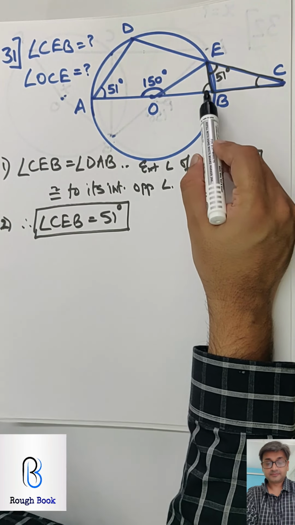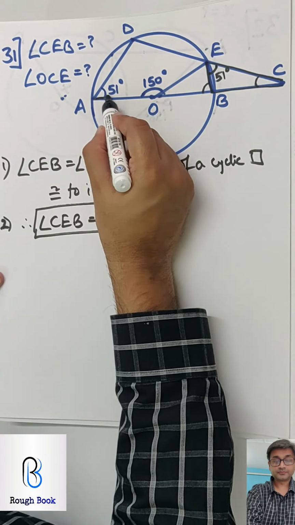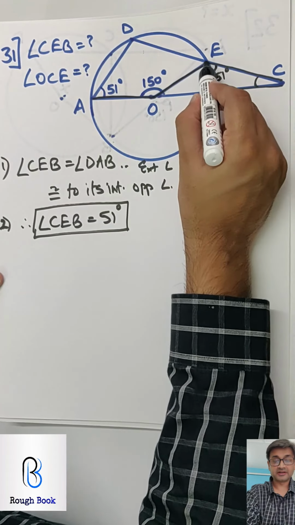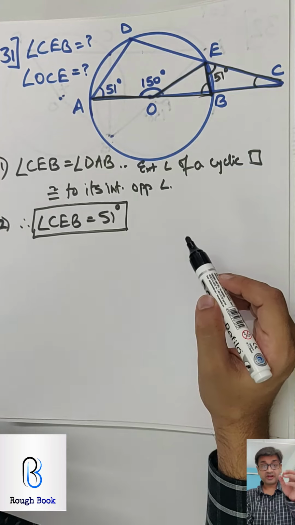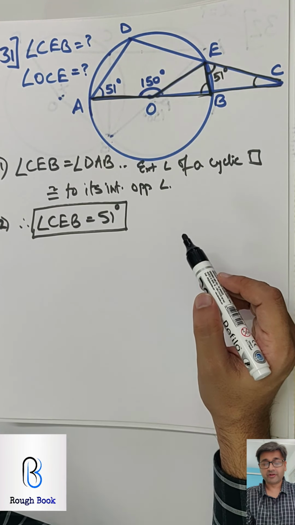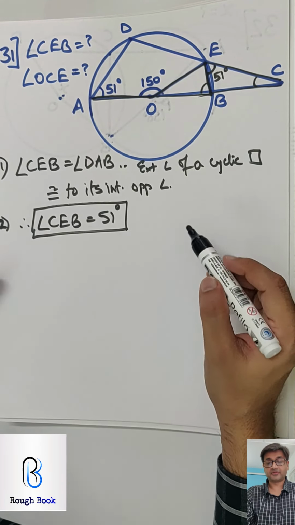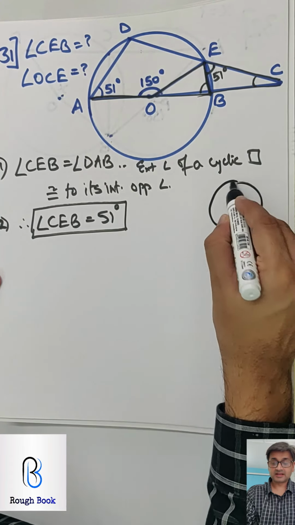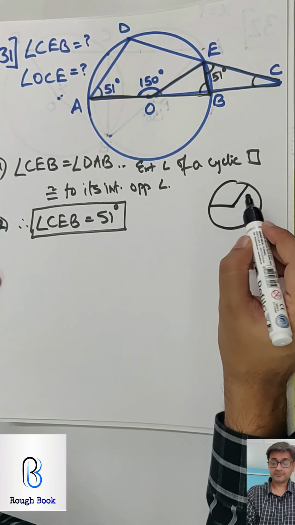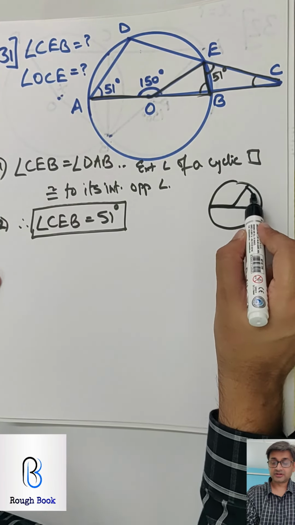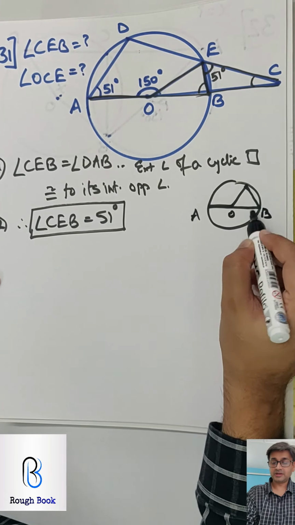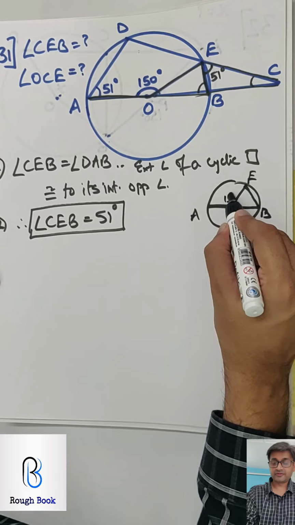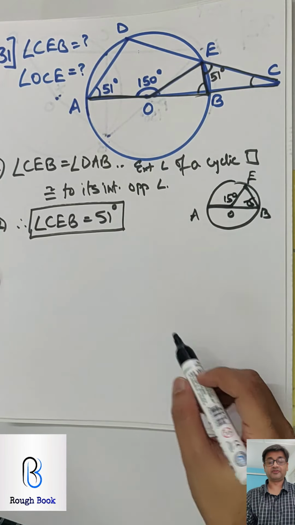How to get this? So this is the angle at the center and this is the angle on the circumference. Very important property, very difficult to identify at times. See, this is at the center, AOE, and the same angle is on the circumference, ABE. So if this is 150, this will be half of that, 75.